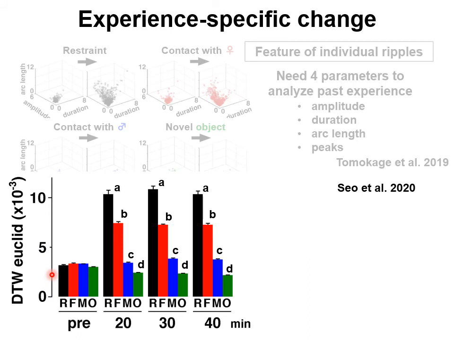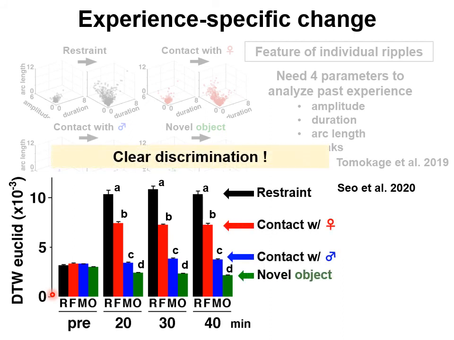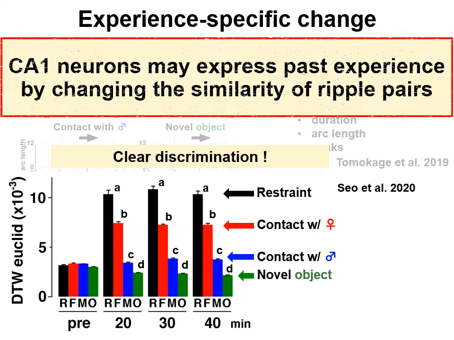By calculating the DTW Euclid distance, we clearly discriminated one of the 4 episodes. By analyzing the similarity of pairs, we may know his past experience even in unknown rats. Rather than the feature of a single ripple, ripple similarity may be important to express past experience. These results suggest that hippocampal CA1 neurons may express a part of past experience by changing the similarity of ripple pairs.